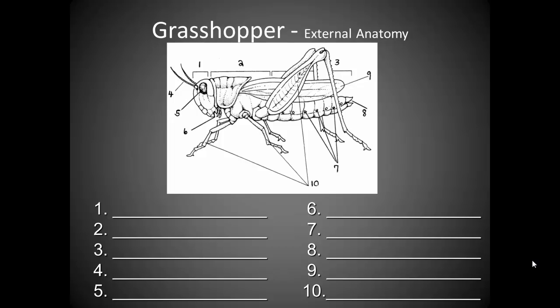Like I said earlier, how many body sections does an insect have? Three. And the three parts are the head, which contains the antenna, the mouth parts, the eyes, all those things. The second part, where all the legs and the wings attach, is called the thorax.